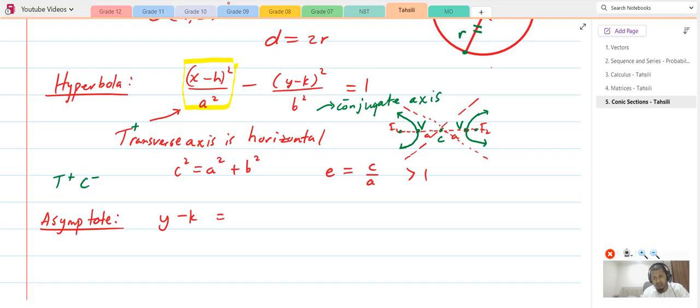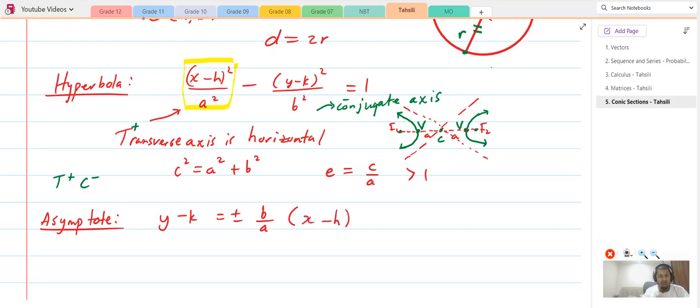Remember, the graph can't touch the asymptotes. y minus k equals plus or minus, and remember, we need to put a slope here. The slope is change in y over change in x. So change in y is the b part, b over a times (x minus h).